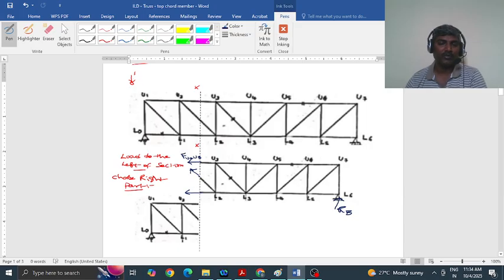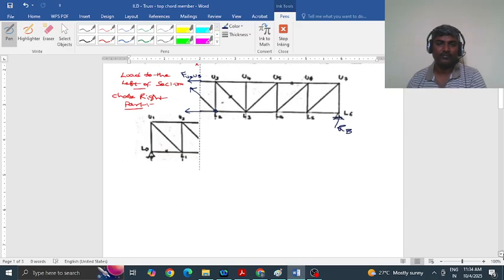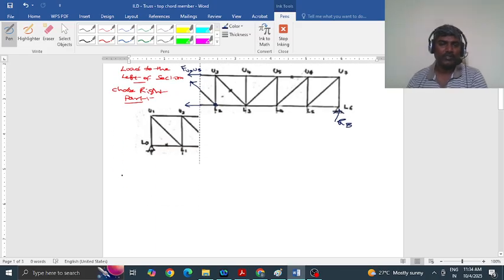So I go with the moment equation. I take moments about L2 so that the other two unknown forces will not come into the equilibrium equation. Now I am writing the equilibrium equation, sigma M about L2 equal to 0.